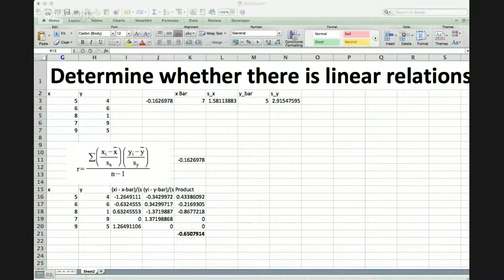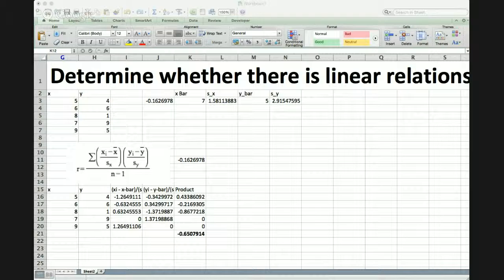The linear correlation coefficient, remember, is always between -1 and 1, inclusive. If it's +1, then you have a perfect positive linear relationship between the two variables. If it's -1, then you have a perfect negative one.